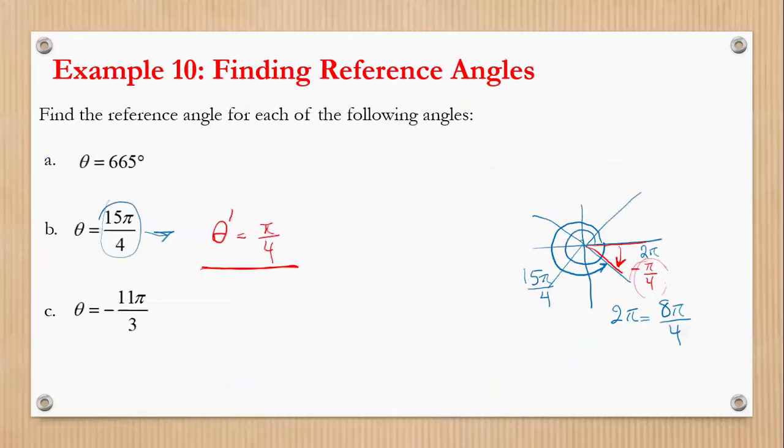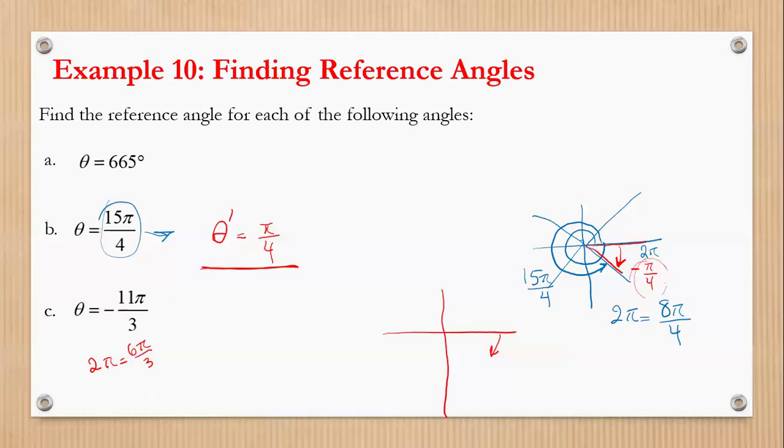Next one is negative 11 pi over 3. If I want to show negative 11 pi over 3, first I need to go in the negative direction, which is the clockwise direction. And I know that 2 pi, or one full rotation, is 6 pi over 3.